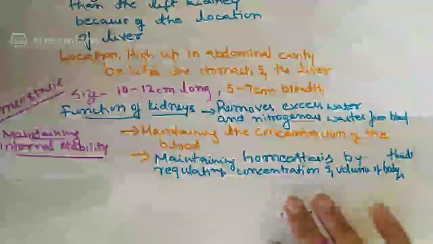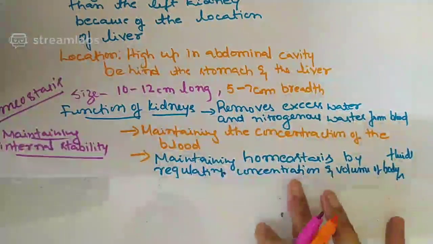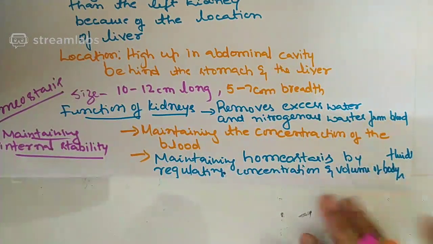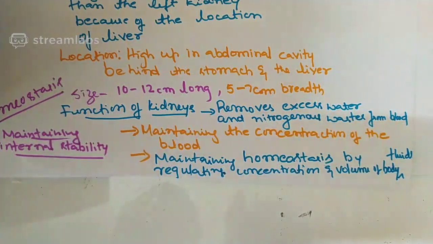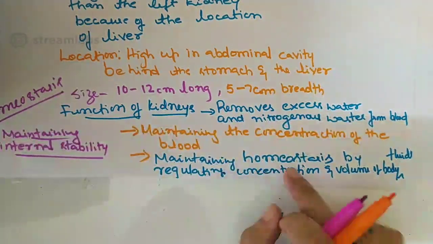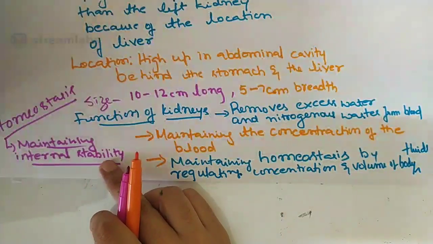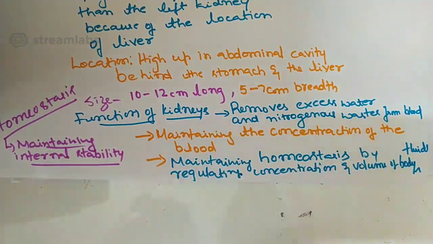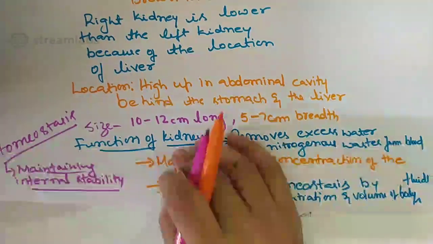What is it called as? Homeostasis. How is internal stability maintained here? By regulating the concentration and volume of body fluid. Okay, the volume and concentration of body fluid is always regulated with the help of the kidney. Thereby it maintains homeostasis, that is, it maintains an internal stability. So this is the main function of the kidney.